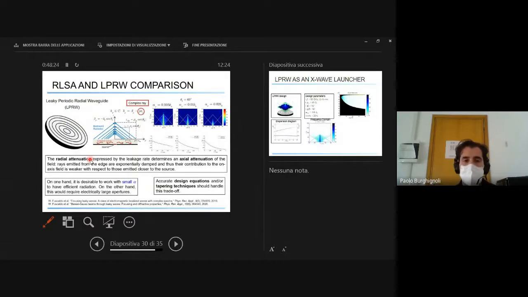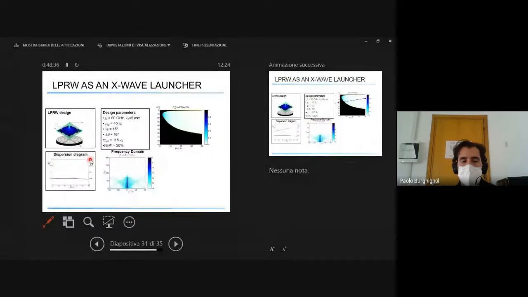slide that talks about the properties of both RLSA and the leaky periodic structures. Being out of time, I want to show you an animation that shows how you can actually design one of these devices.